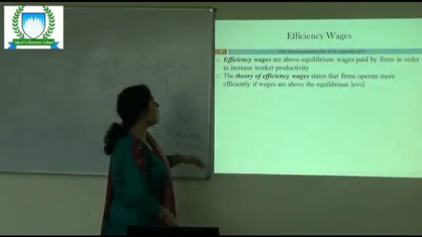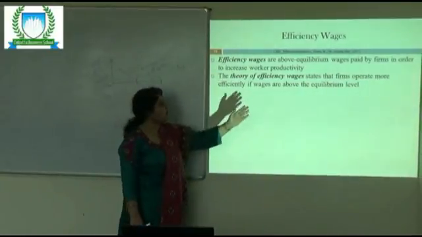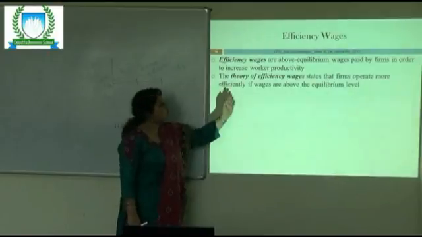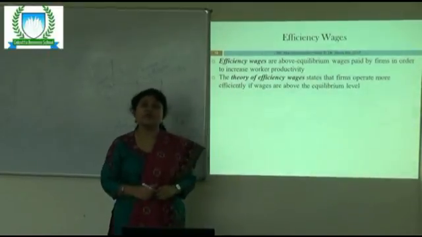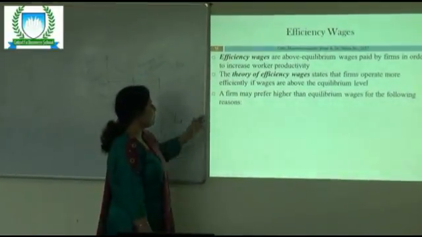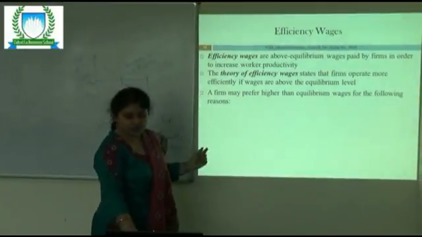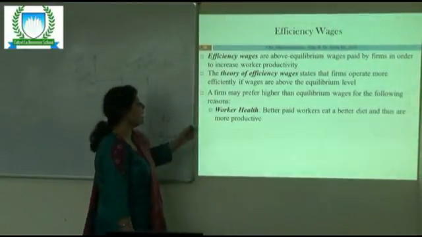So, the theory of efficiency wages states that firms operate more efficiently if wages are paid above the equilibrium level. And the reasons that a firm prefers to pay higher above-equilibrium wages are, one, worker health.